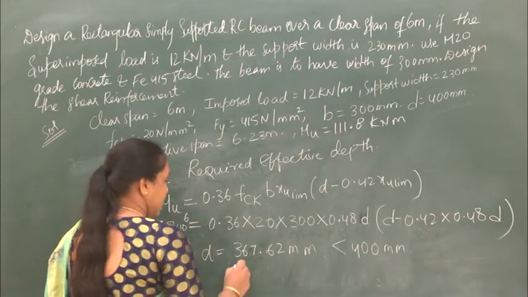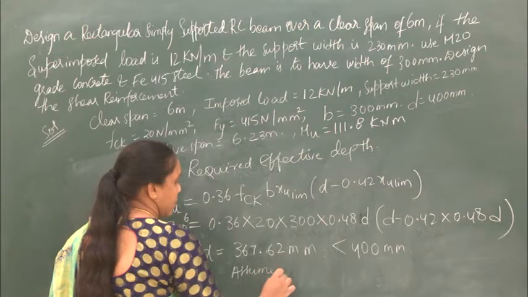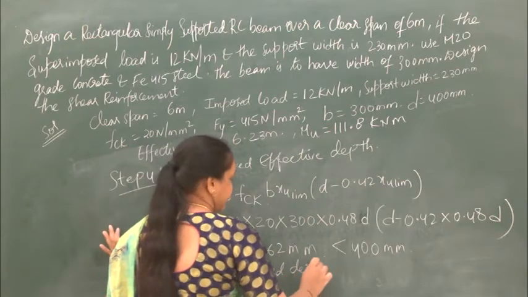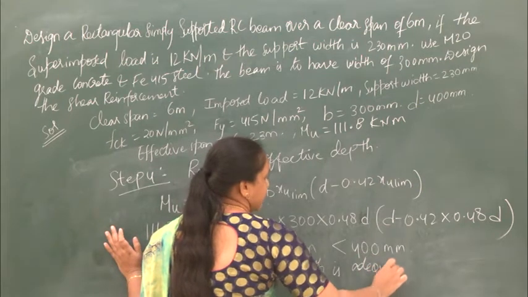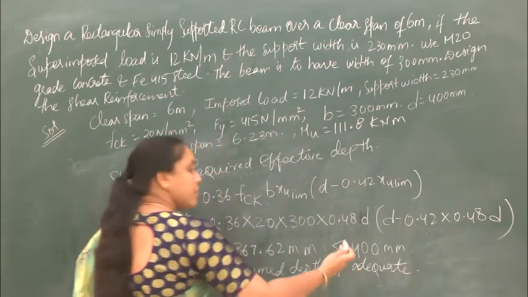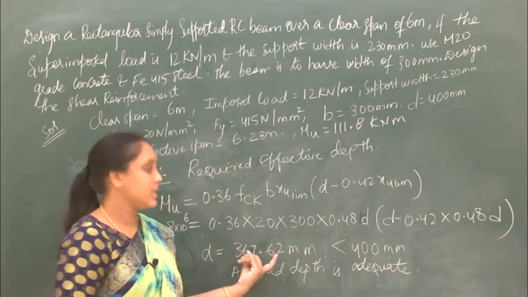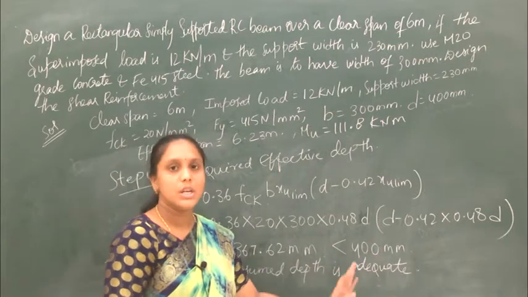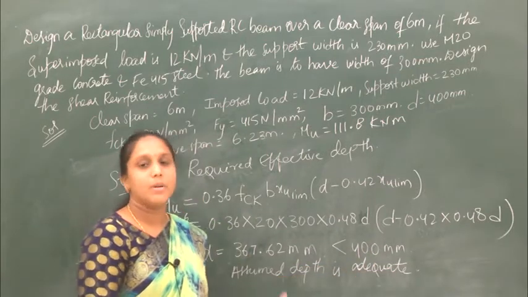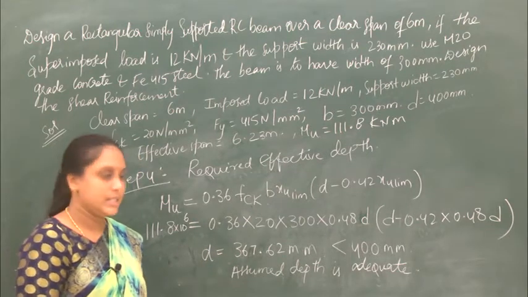So the assumed depth is adequate, because the depth we have got is less than the assumed depth. So we can use this depth d as 400 mm and we can go for the further design.